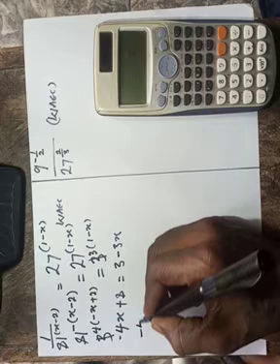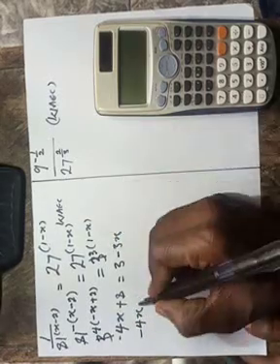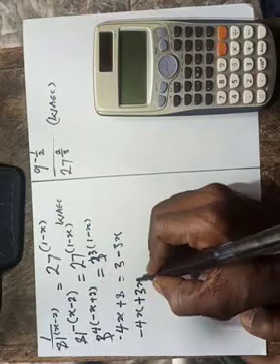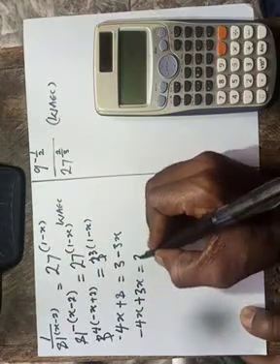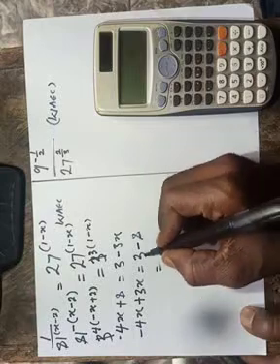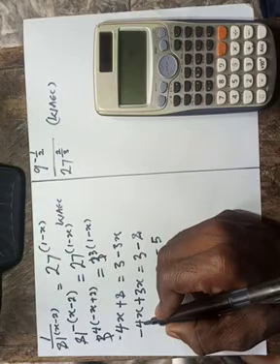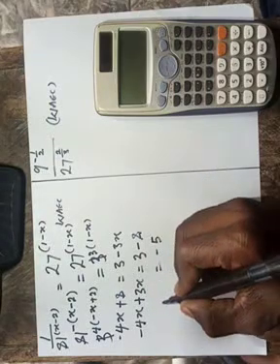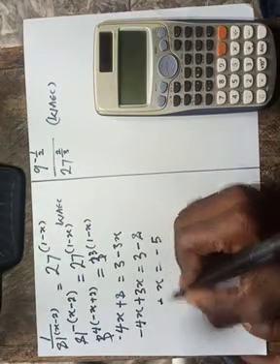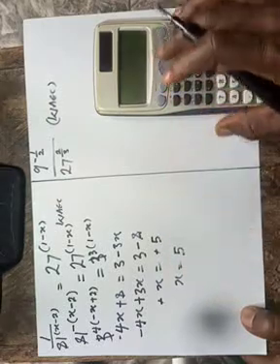We have minus 4x, and this minus 3x should come to this side, it will be plus 3x equals to 3. This 8 should come here, minus 8. So you have this minus this, that's minus 5, and this, that's minus 4x plus 3, so you have minus x equals to minus 5. Minus cancels minus, so x equals to 5.